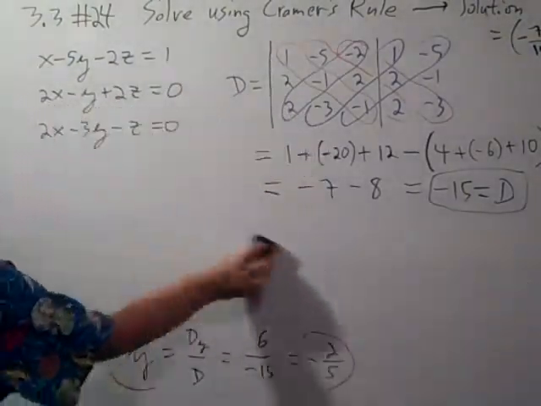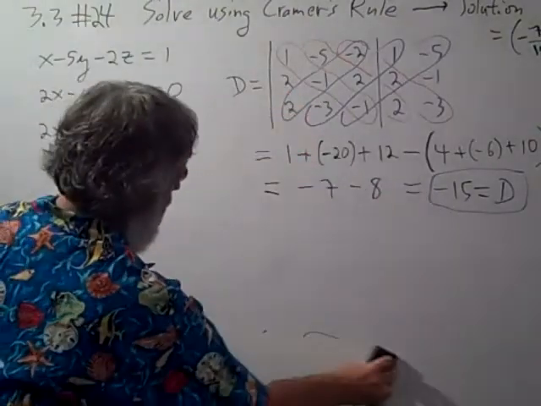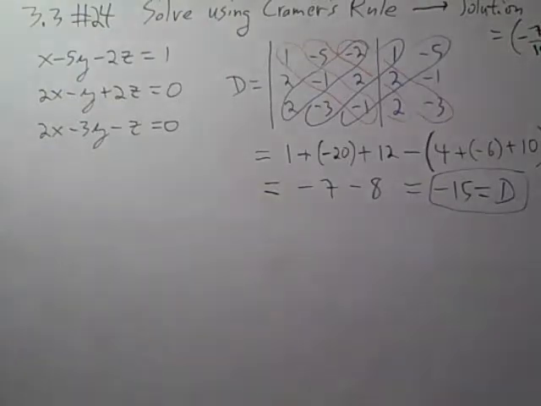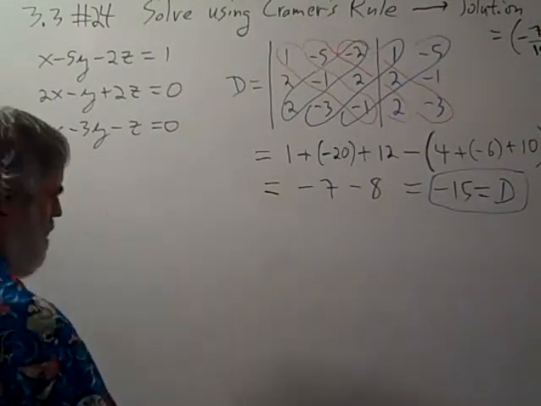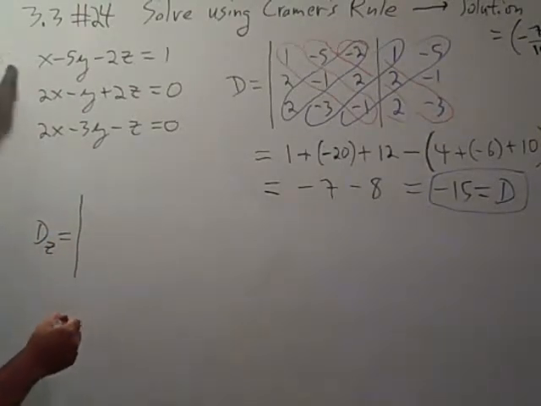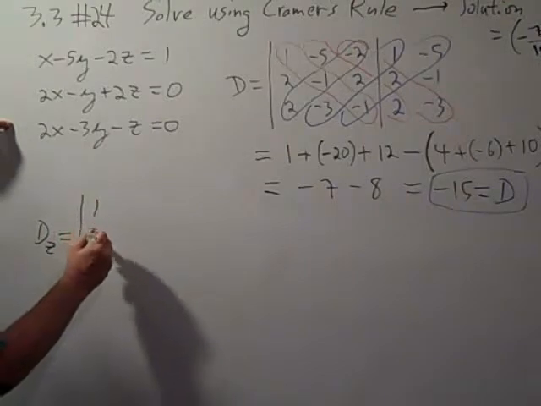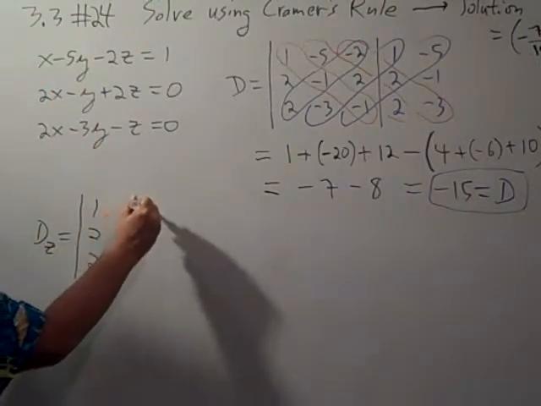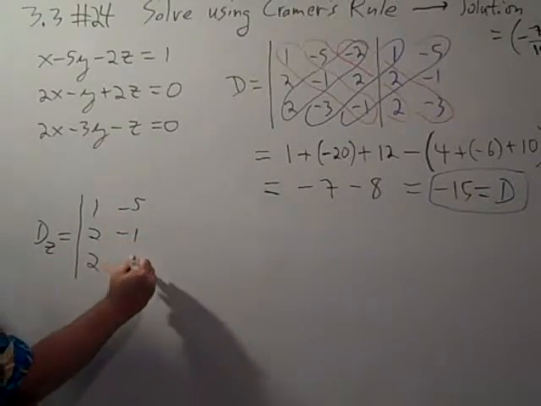And d sub z is the original matrix that we started with, but covering the z column with 1, 0, 0. So d sub z, let's put this down a little bit lower here. D sub z. So the first column is 1, 2, 2, like it was in the original D. Second column was -5, -1, -3, as it was before.